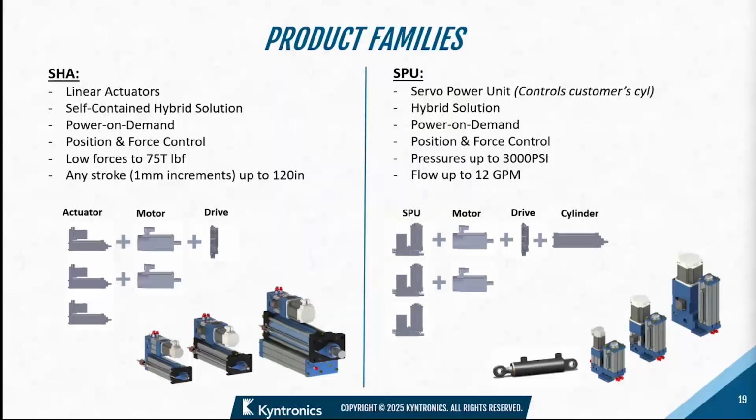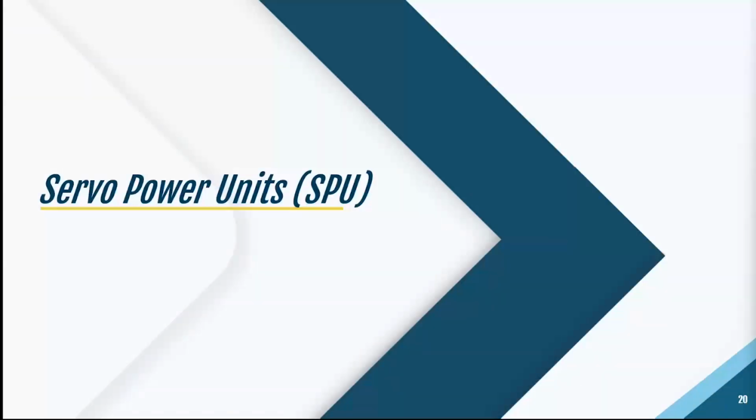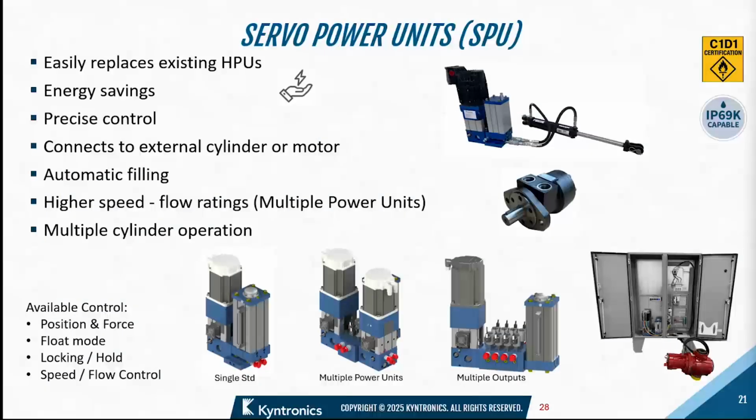The SPU is a little different product. We'll get into it in a little bit. It separates the power unit and the cylinder itself. And we can provide it with the cylinder, drive, motor, any combinations of those. The servo power unit, just wanted to share with you all, is somewhat of a different, unique product that's out there, and we continue to enhance it.